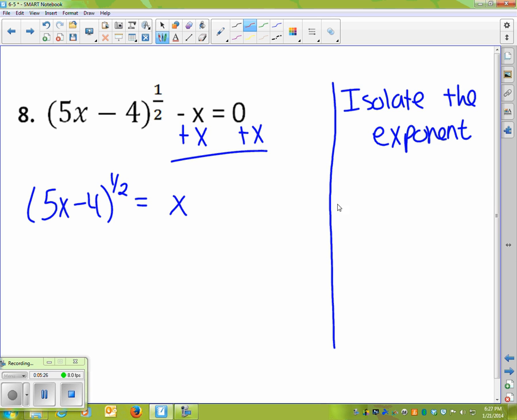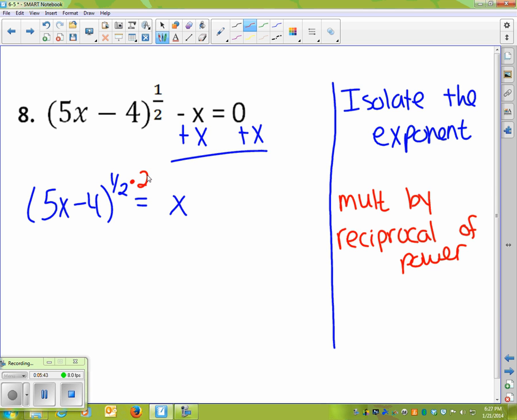I'm going to multiply by the reciprocal of the power. So this is going to be 1/2, which is squared. The 2's cancel, leaving me with 5x minus 4.